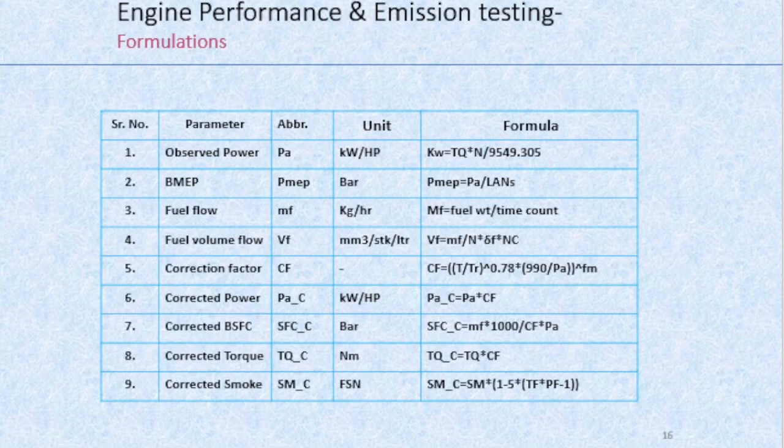Kilowatt to HP conversion can be included by introducing a conversion factor of 1 HP equivalent to 0.735 or 0.745 kilowatt, depending on metric or British HP representation, but mostly these days only metric HP is dealt with. Brake mean effective pressure, which is BMEP, is the average pressure supposed to act on the piston top, and is a function of power distributed over the swept volume per power stroke.